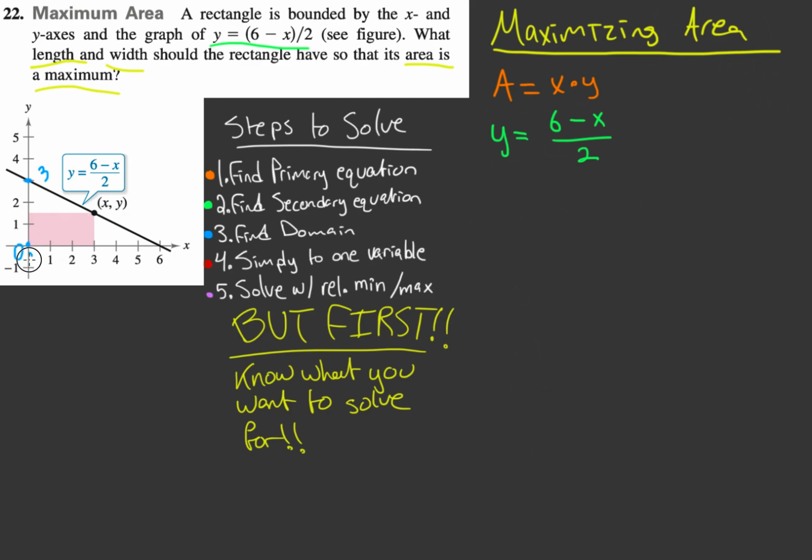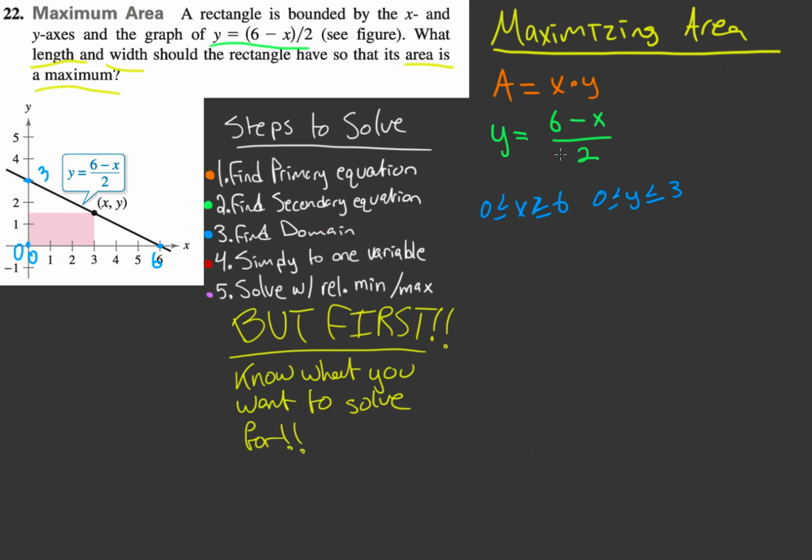The lowest x can be is also 0, and the highest x can be is 6. This is the area we're dealing with, under this rectangle. So x is between 0 and 6, and y is between 0 and 3. This could be important information. It also helps you know that if you get an answer outside of this range, you did something wrong.